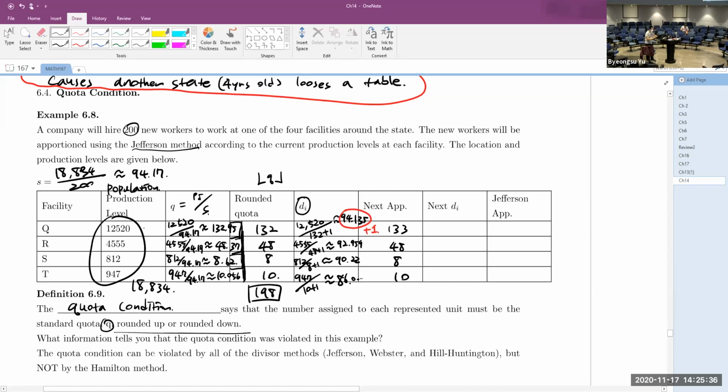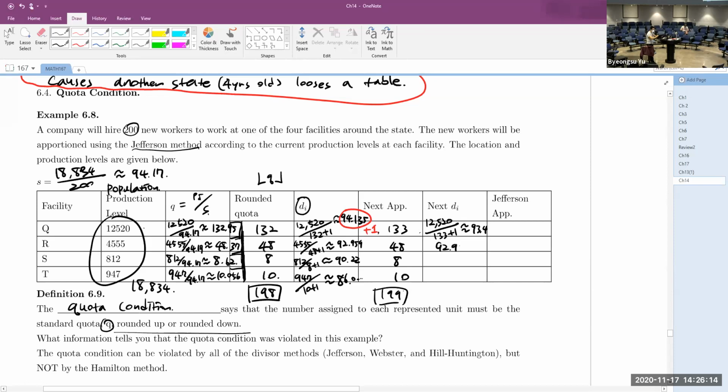So what I need to say is that if you're just using the rounded quota, then there will be 2 remaining seats. So we distribute a seat to Q to get 133, and we also need to calculate the divisor for Q again, because our Q has a different apportionment level. So it should be the population divided by 133 plus 1, which is almost 93.4.